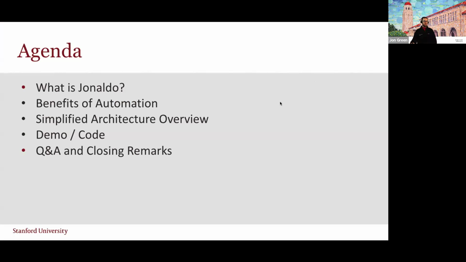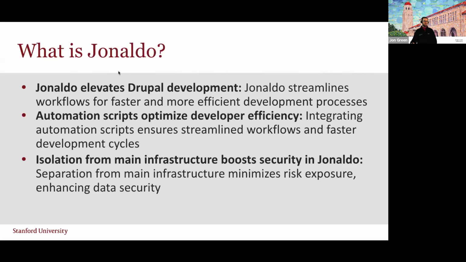So what is Jonaldo? Jonaldo is basically a combination of Ollie and my name with Do, to be kind of like Lando. It's really a streamlined process for our Drupal development workflow, and it makes it faster and easier.